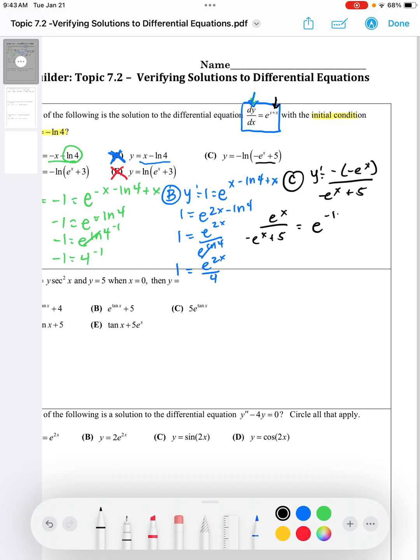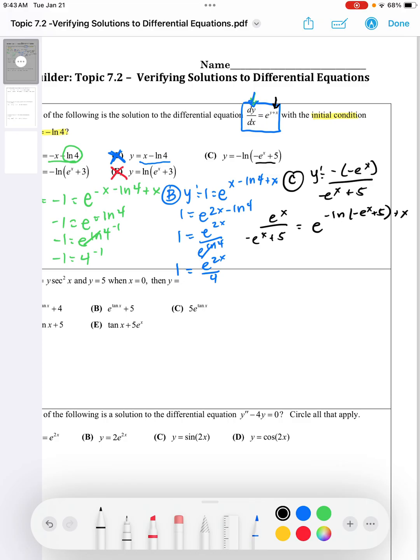Okay, this whole thing plus x. Now, subtraction turns into division.